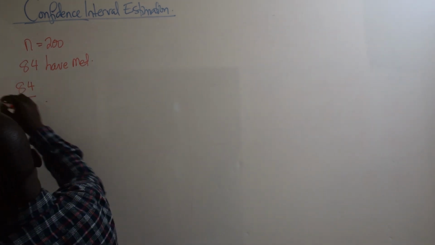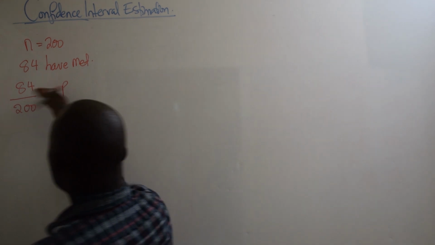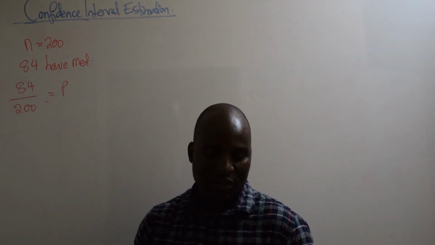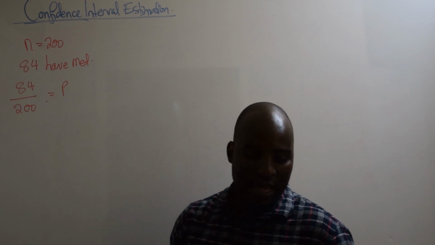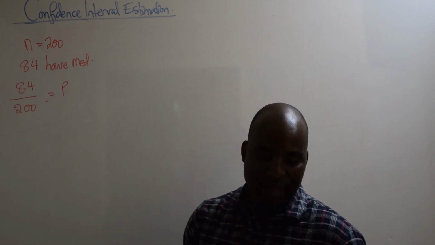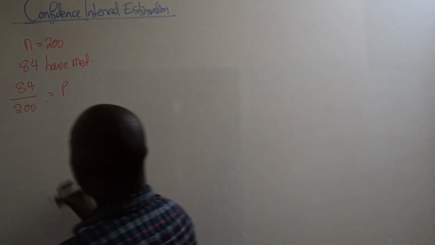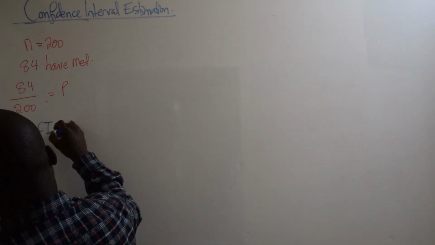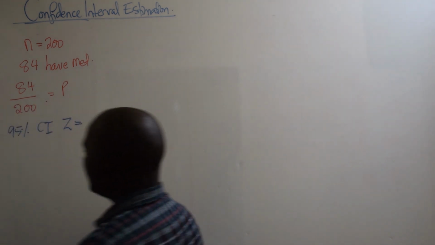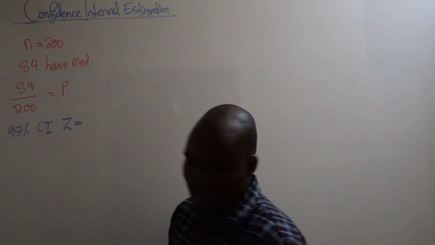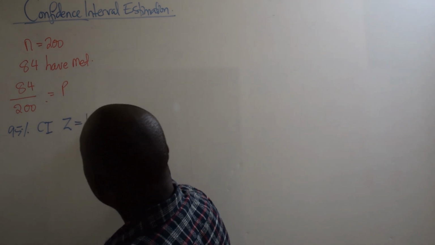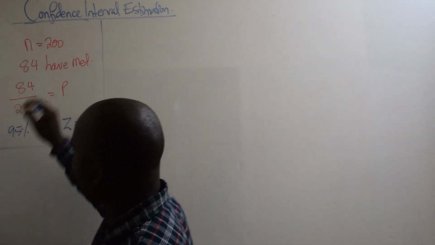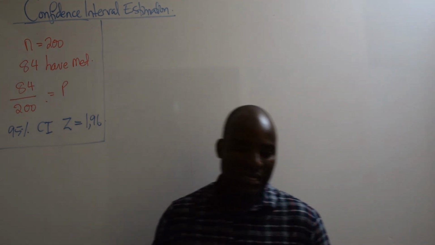So this is our P. Our P is equal to 84 over 200. That's the proportion that have met. And we are estimating at a 95% confidence interval, which gives us a Z value or a critical value of 1.96.